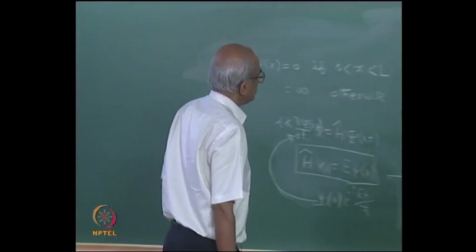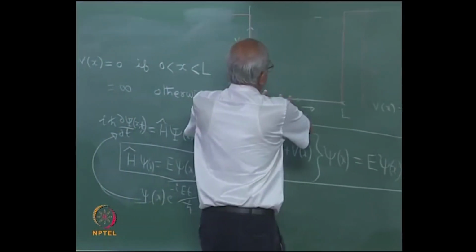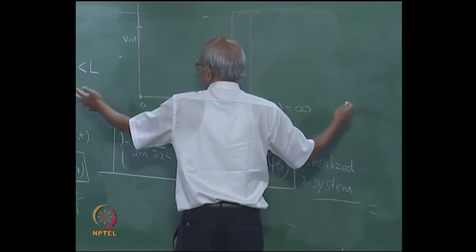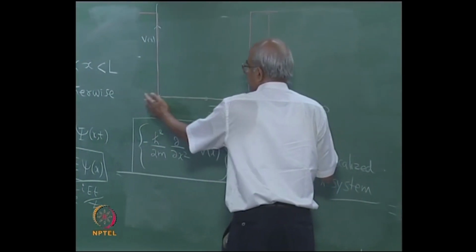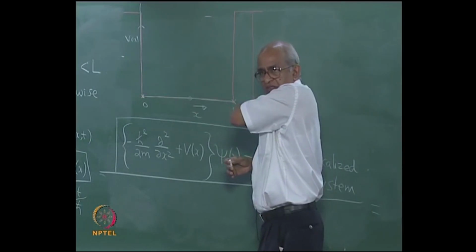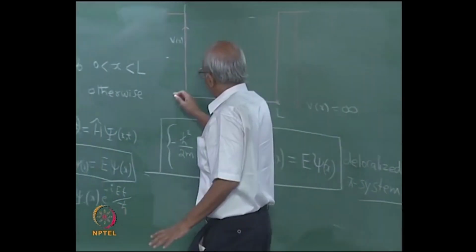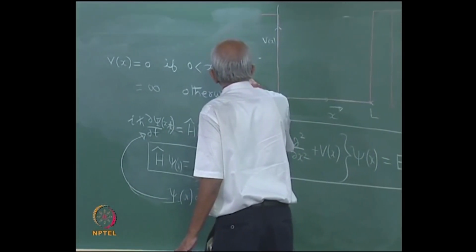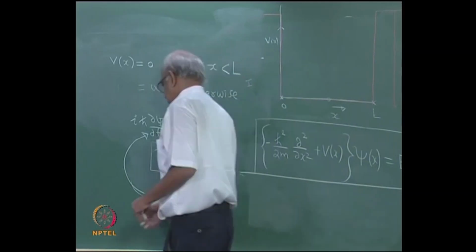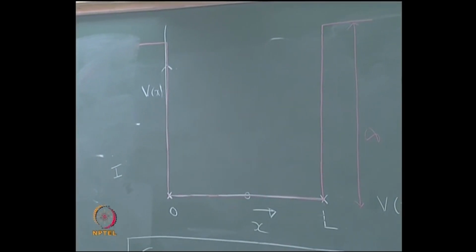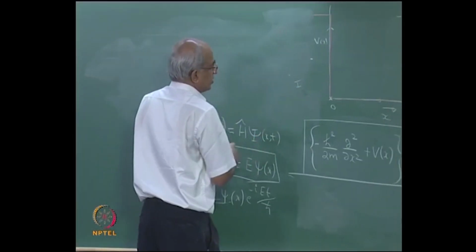For that, I am going to divide my space into 3 regions. When I say space, it means all values of x running from minus infinity to plus infinity. This region, which is to the left of the box, is referred to as region 1.